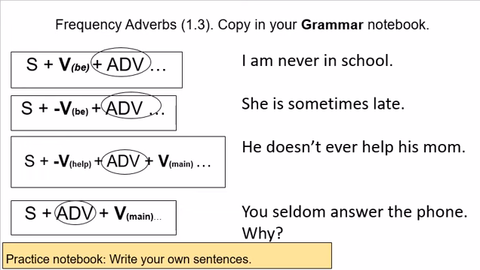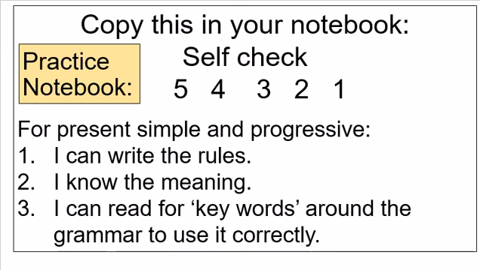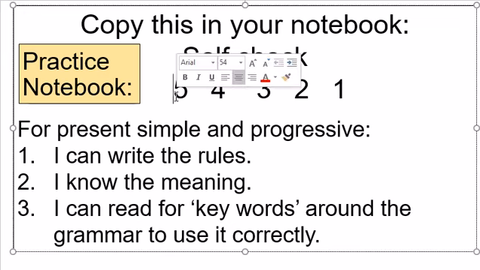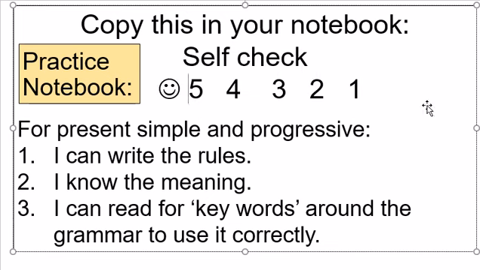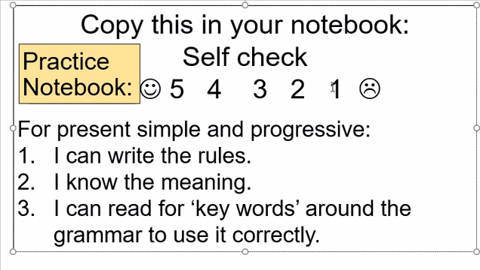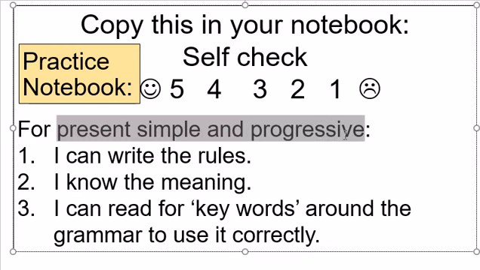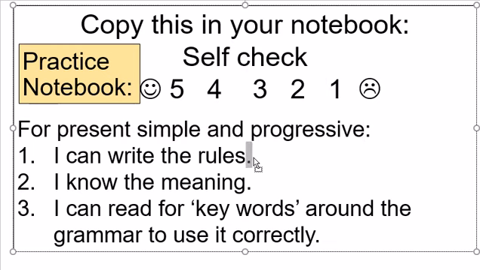All right, so self-check now. Copy this in your practice notebook. So 5 means you are very, very comfortable now with this. 1 means you are not comfortable. So for present simple and present progressive, I can write the rules. So if you agree, you put 5. I know the meaning.